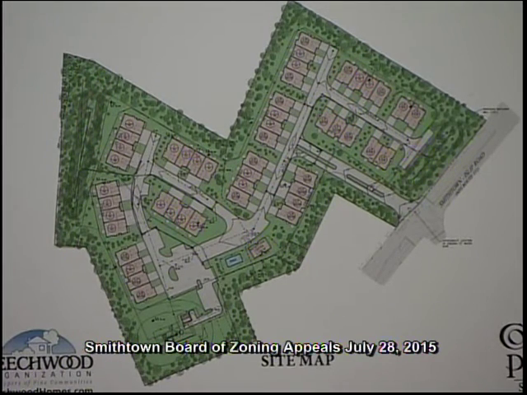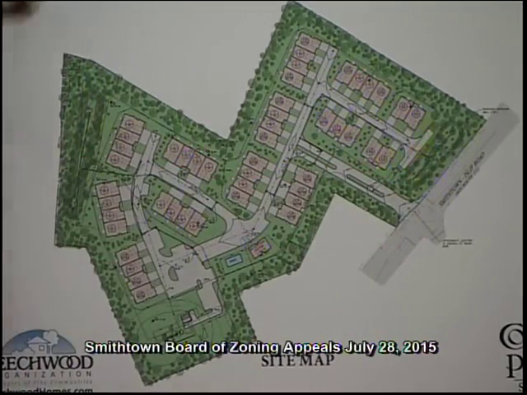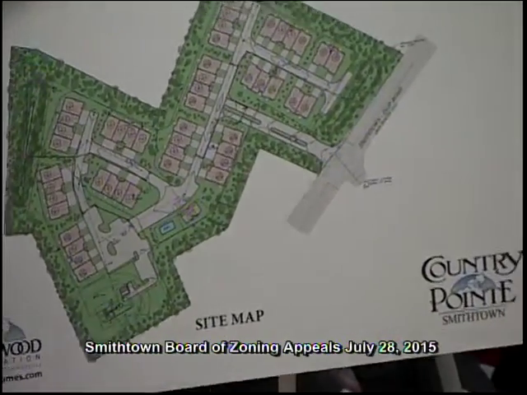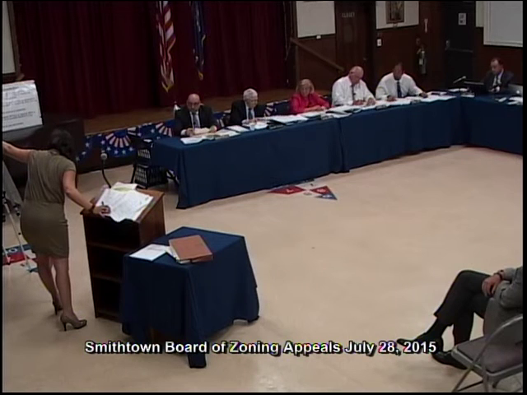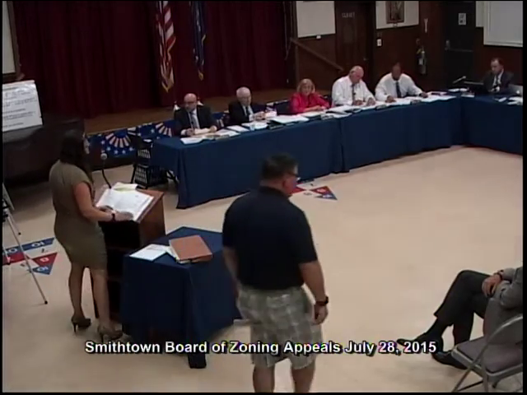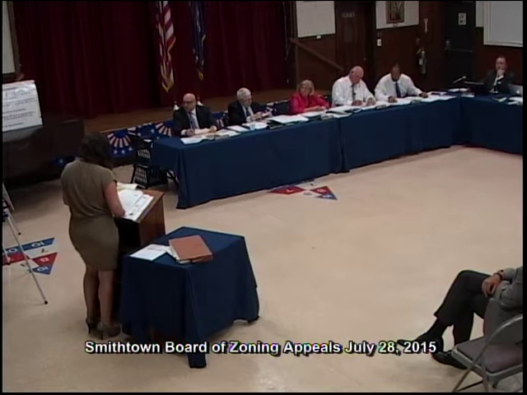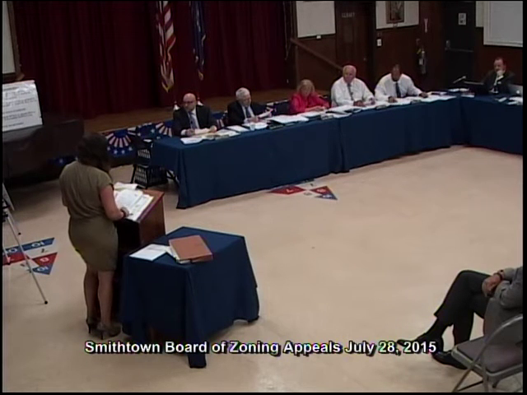The dimension on the east side of the property to the site is to the end of the driveway. The dimension to the east side, the end of the driveway, that's 80 feet.